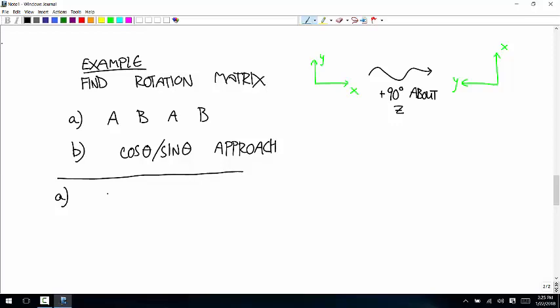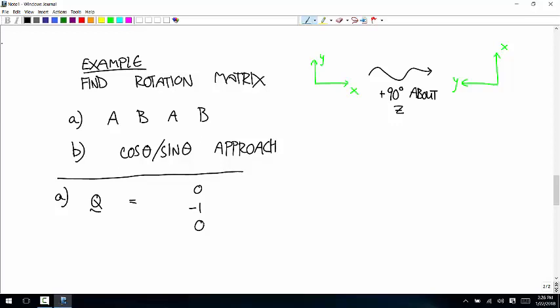So 0, negative 1, 0, because we're taking this vector and expressing it over here. So it's 0x and it's in the negative y direction, and then 0z.